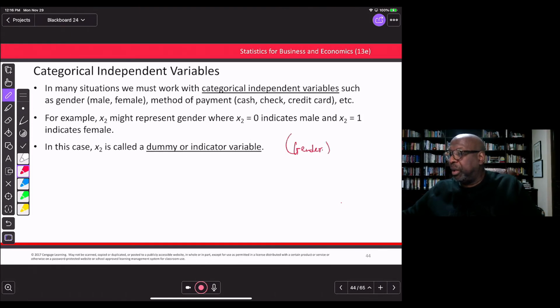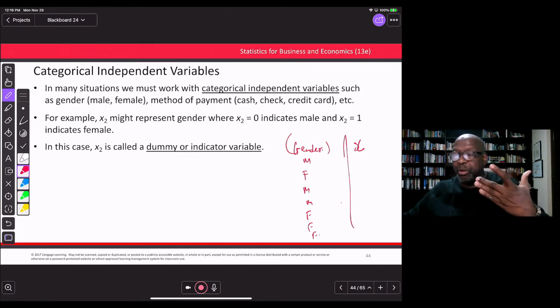First of all, that would be male, female, male, male, female, female, female, etc. Then you could create a variable. Maybe you already have 2 variables in your data set, x1 and x2.